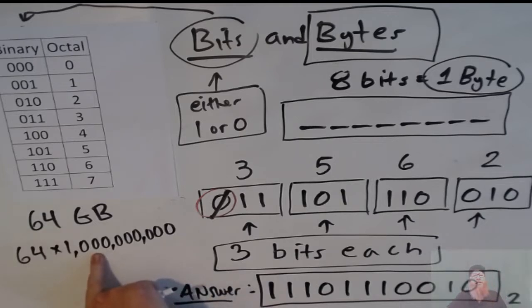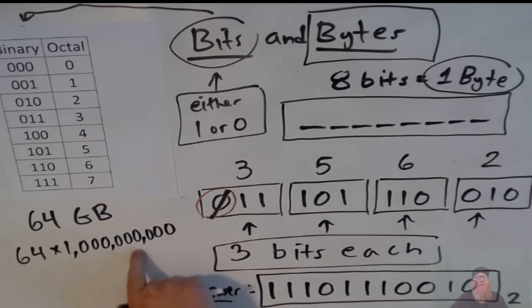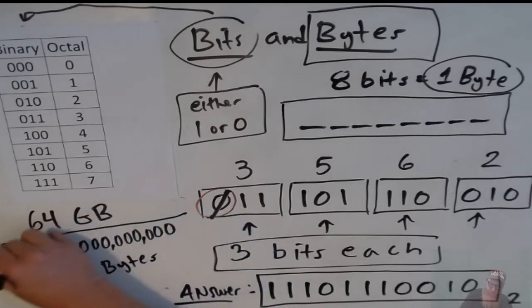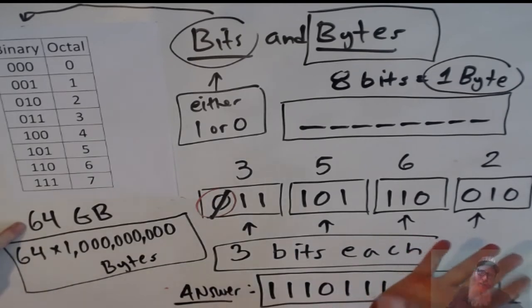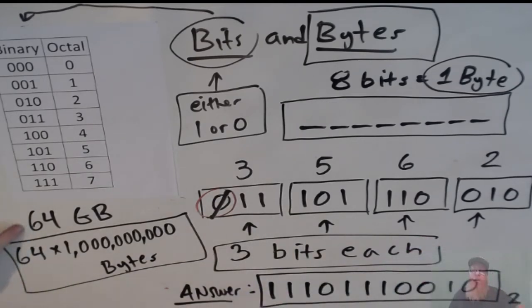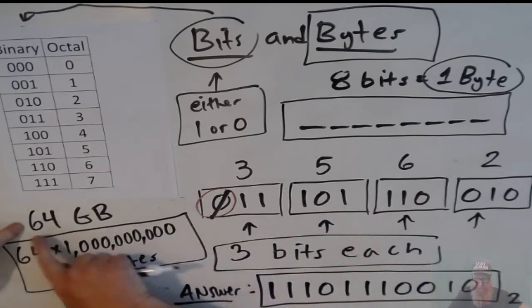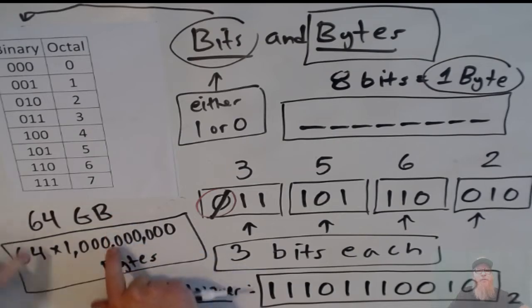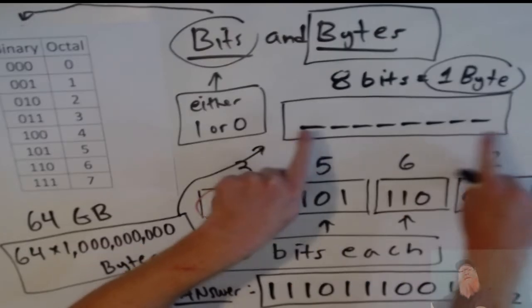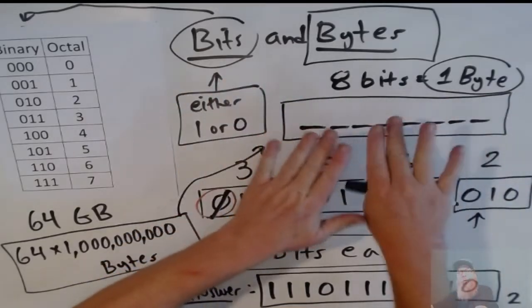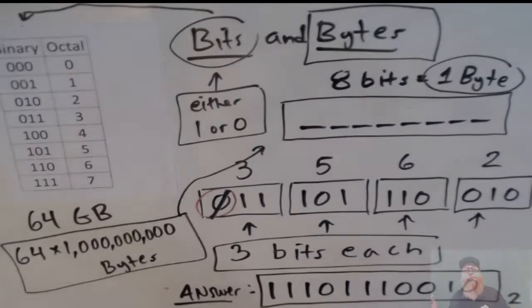Yeah. So 64 times a billion bytes. So if your hard drive has 64 gigabytes, which, I mean, these days that's actually kind of small, but when this lesson was created, that was a lot. 64 gigabytes means you have 64 times a billion of these little blocks that hold 8 bits.